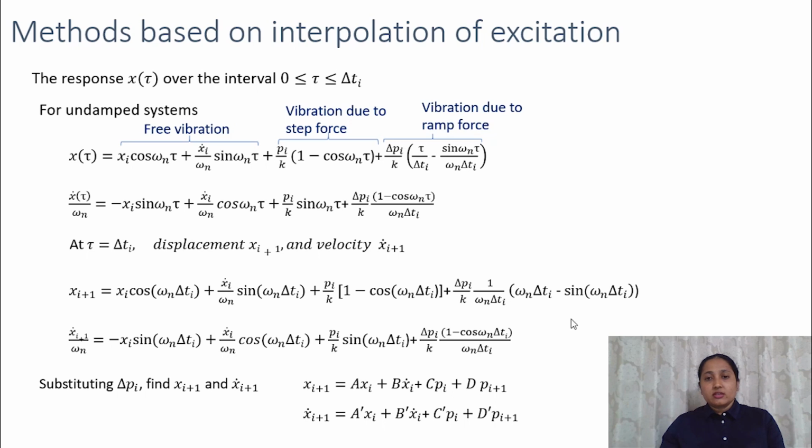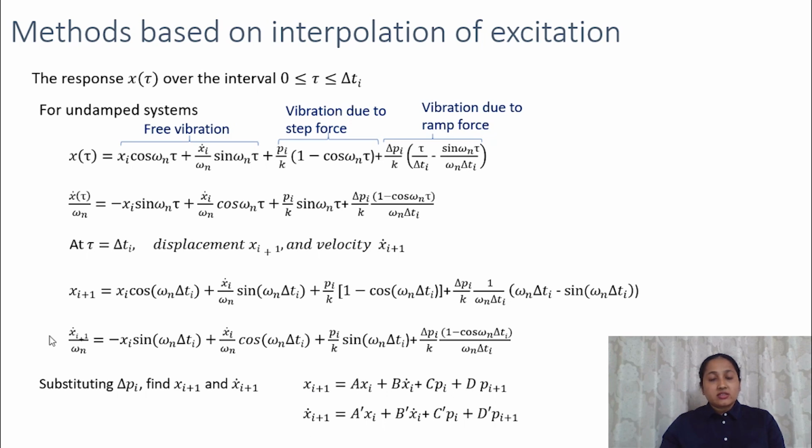If we rearrange this equation, we will get this, in terms of velocity, displacement and force at xi, that is the ith time instant, and the force at the I plus 1 time instant. So all the terms on the right hand side are known terms. Using that, we can find out the displacement at the I plus 1 time instant.